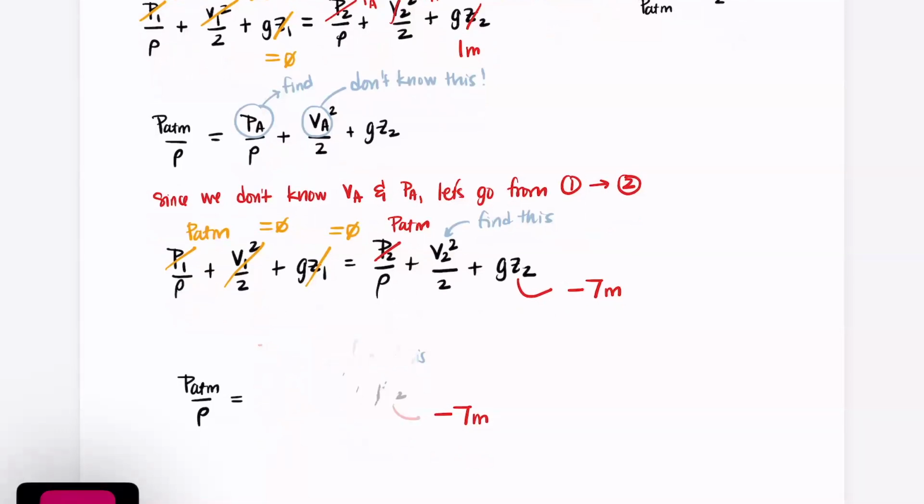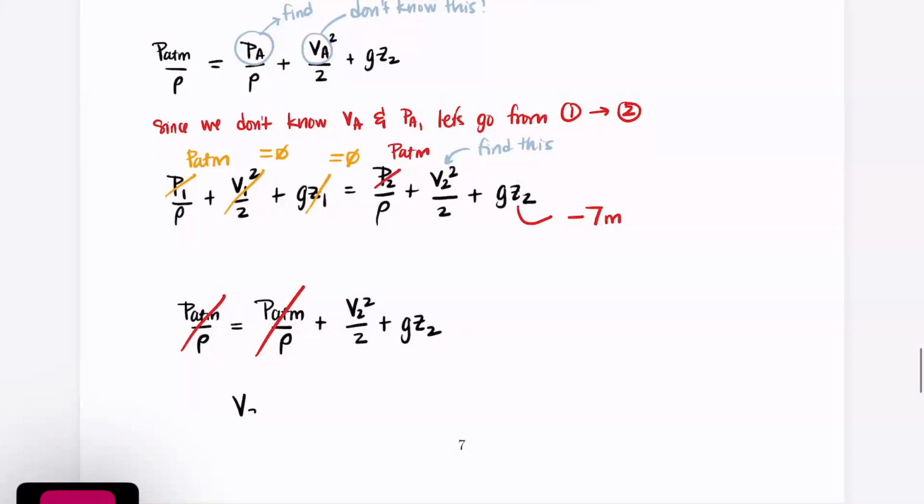I'm going to rewrite this. Now we have P atmosphere divided by rho plus V2 squared over 2 plus GZ2, which we know. Our atmospheric pressures cancel on both sides, and we end up with V2 is equal to the square root of minus 2 GZ2.